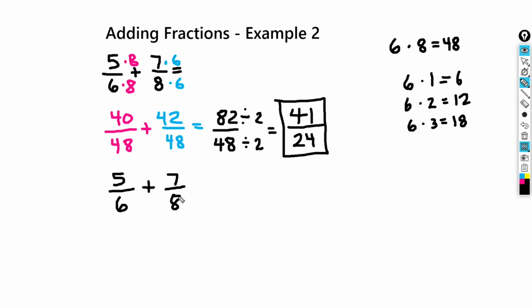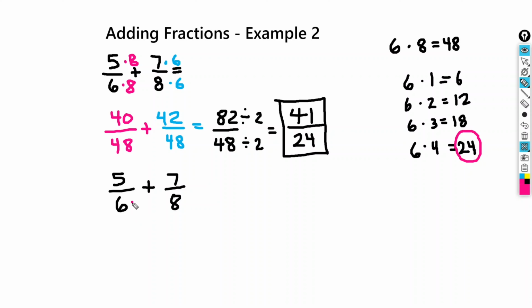And I'm looking while I'm doing this. Are any of these divisible by 8? No. But 6 times 4 is 24. And I know 24 is divisible by 8. So 24 is going to be my least common multiple between the two.